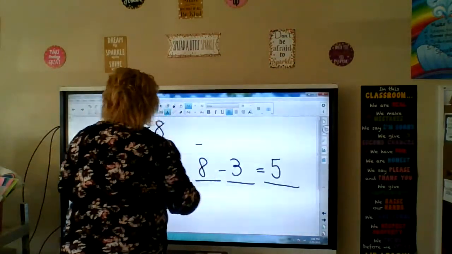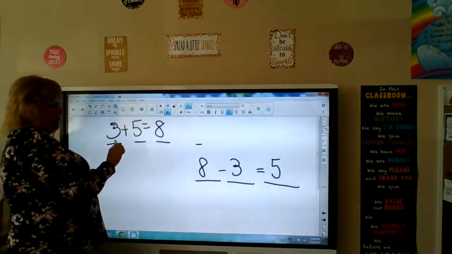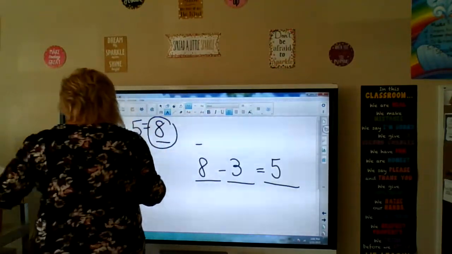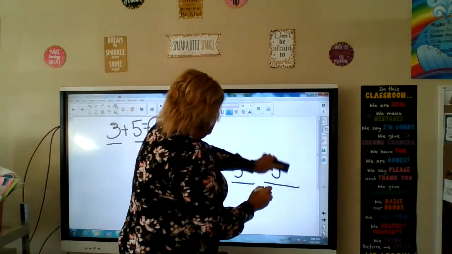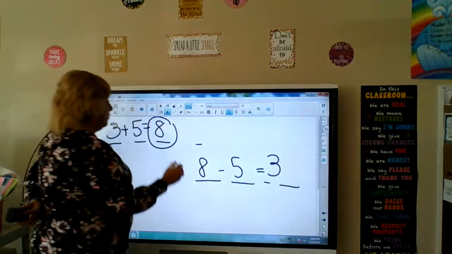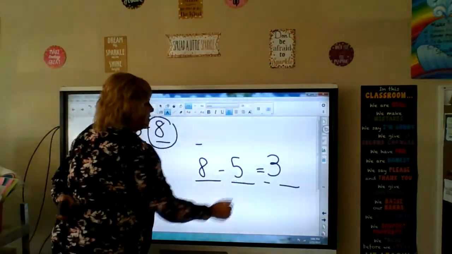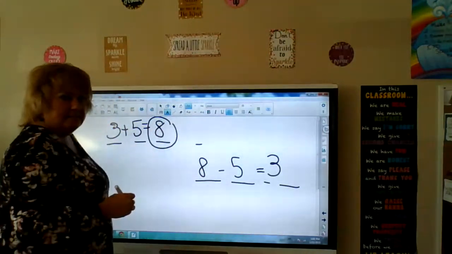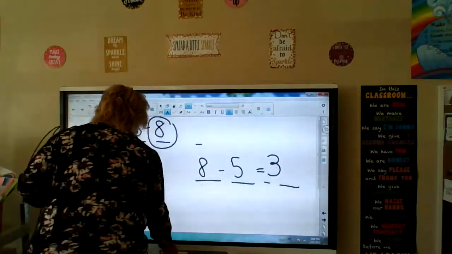We have an addition problem. If we wanted to make that into a subtraction problem, we're going to work backwards. So actually this could be 5 and this could be 3. We work backwards. 8 minus 5 is 3. To check it, is 3 plus 5 8? Yes, it is.